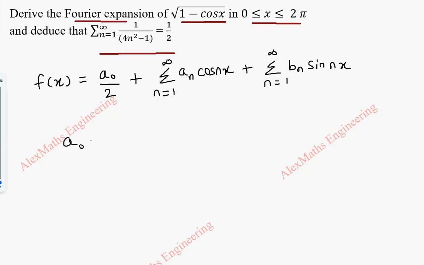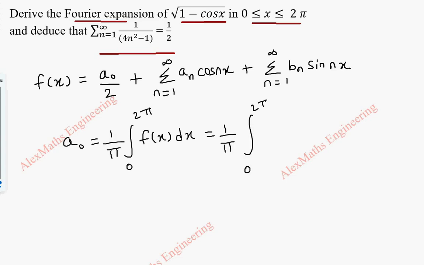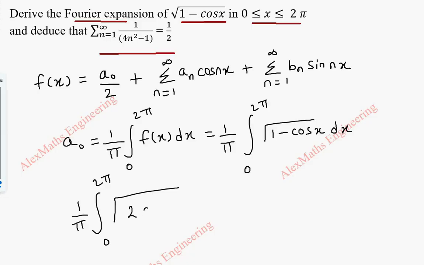Now to find a naught, we use 1 by pi integral 0 to 2 pi f of x dx, and this is 1 by pi integral 0 to 2 pi root 1 minus cos x dx. And there is a trigonometric formula for 1 minus cos x. We are going to apply that here. That is 2 sin square x by 2 dx.